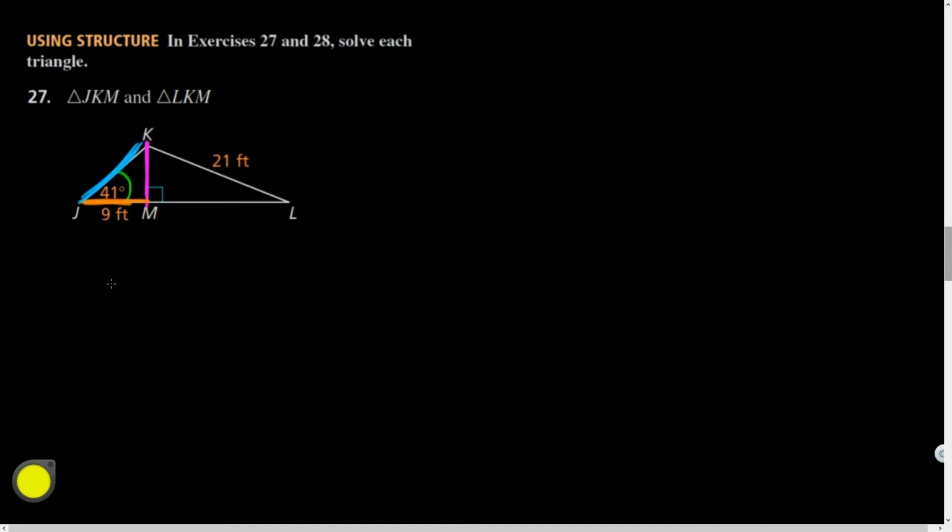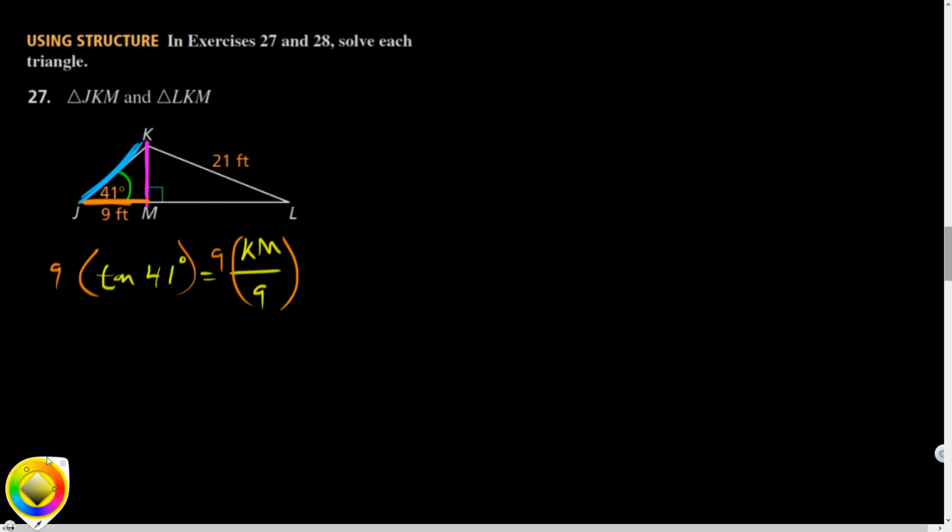Yeah, TOA! Krakatoa. SOHCAHTOA. So tan of 41 degrees is going to equal KM over 9. Multiply both sides by 9. And I got KM is equal to 9 times the regular tan of 41.